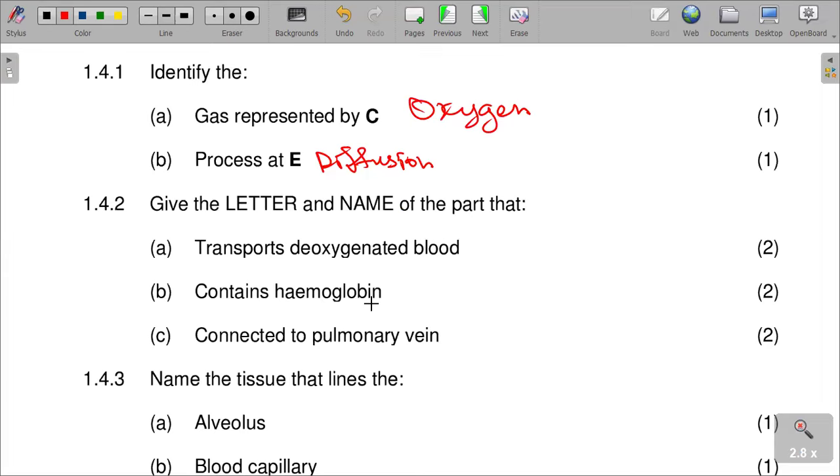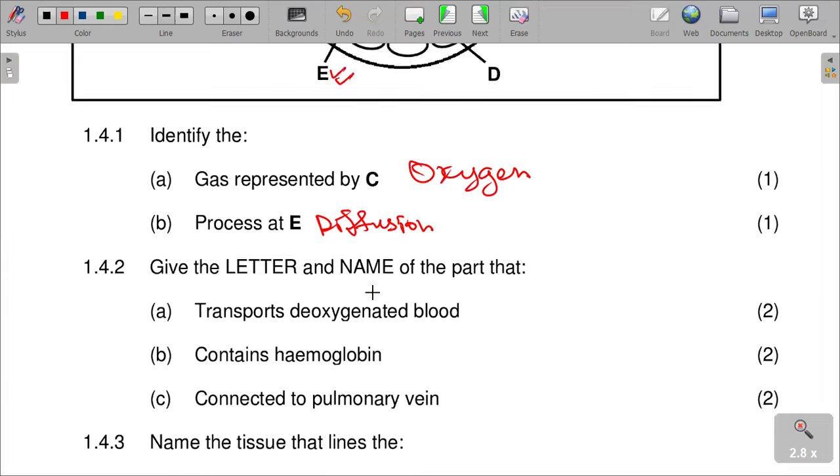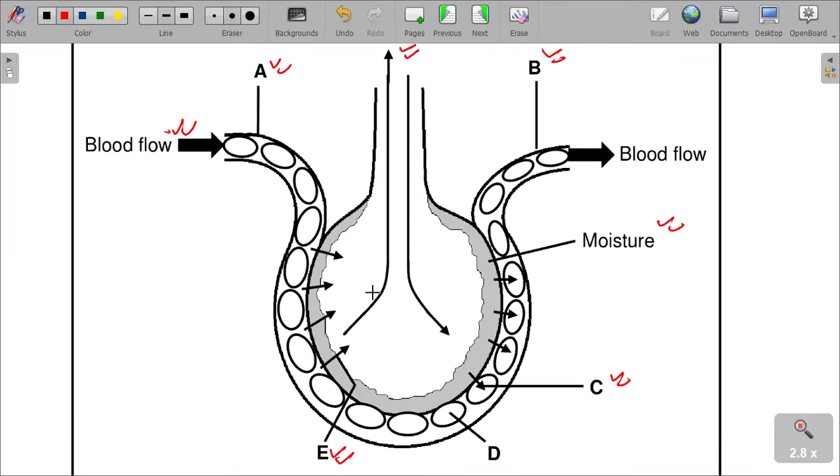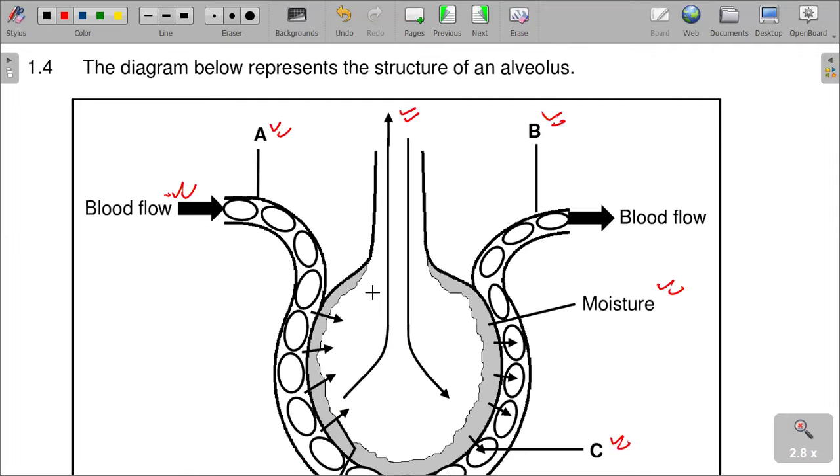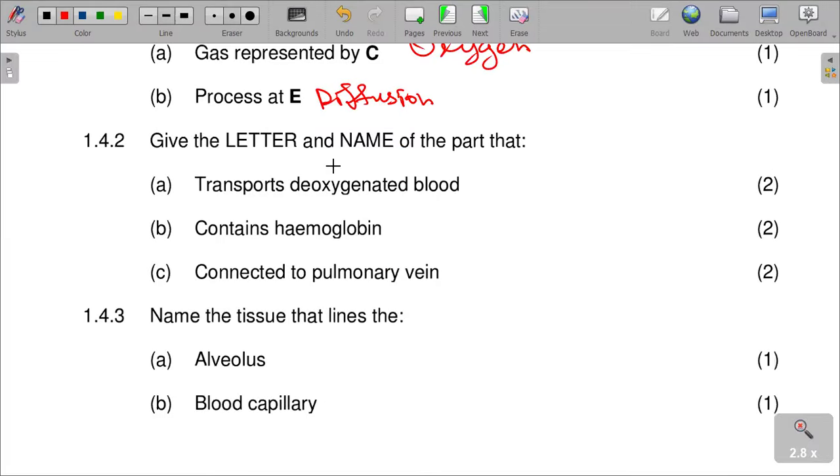When you look on the diagram, it is letter A that transports deoxygenated blood, which is also called the pulmonary arteriole.